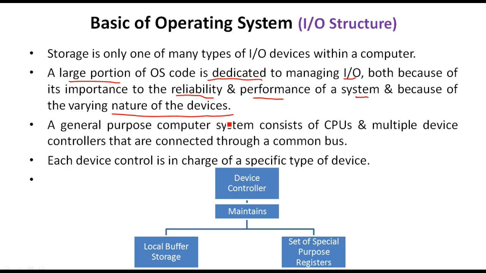A general purpose computer system consists of CPUs and multiple device controllers that are connected through a common bus, which is called the system bus. We have already discussed this in the second lecture of basics of operating system. Each device controller is in charge of a specific type of device.